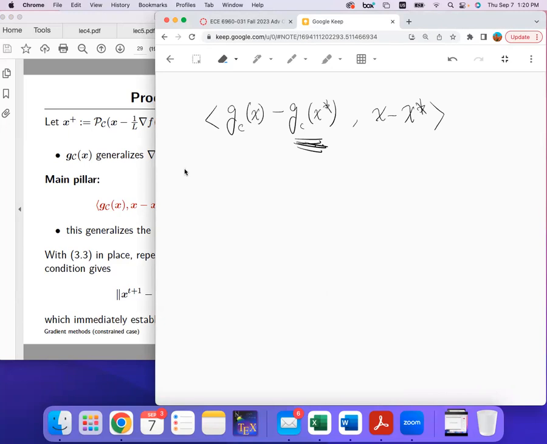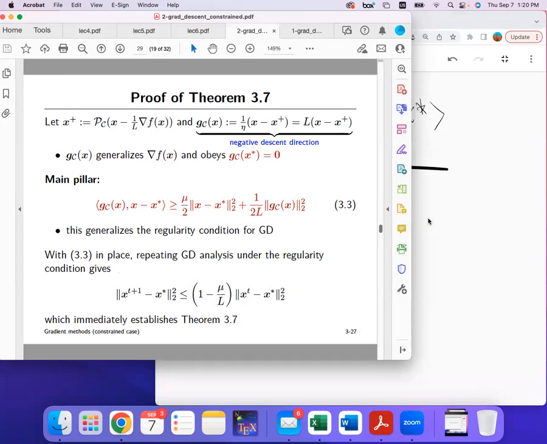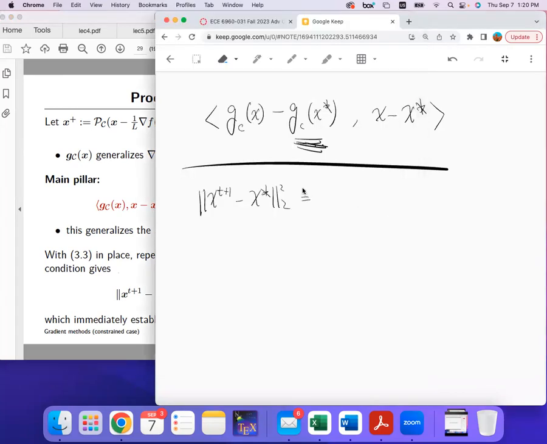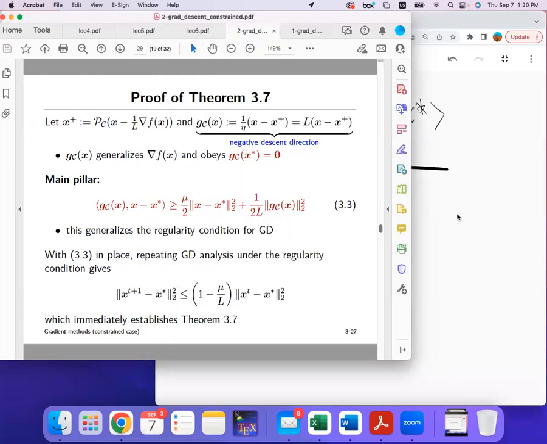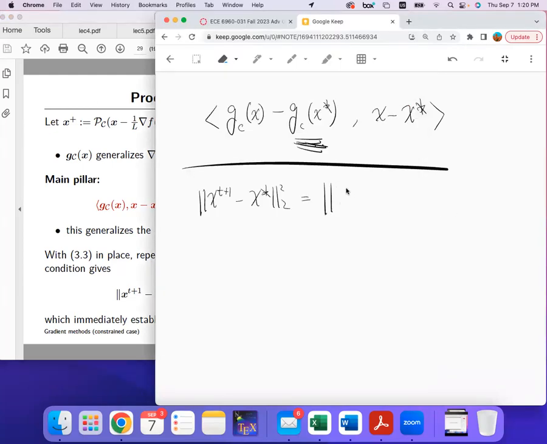Okay, maybe I'll quickly mention the proof. We start from the left-hand side. Now, what is x t plus 1? By the update rule, it's projected gradient descent, so it's x t minus eta gradient of x t, minus x star.